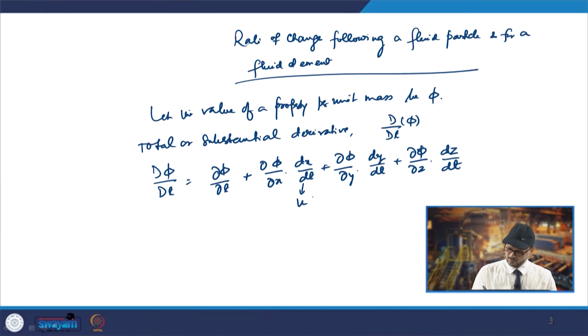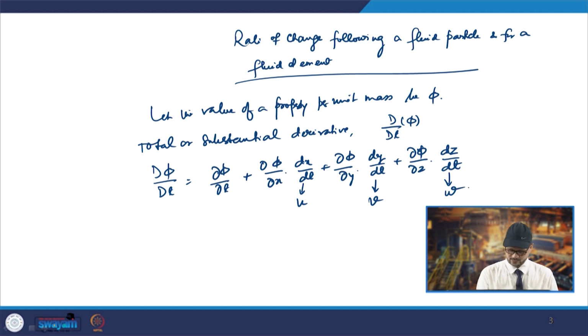Now, for a fluid particle in the flow, dx/dt will be u, dy/dt will be v and dz/dt will be w.